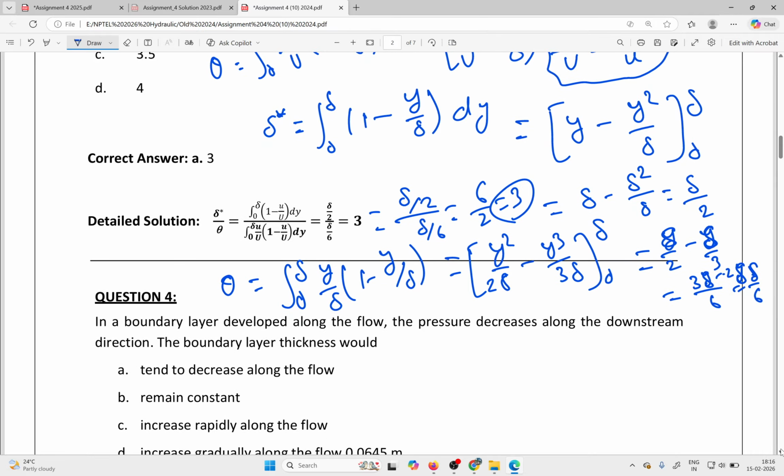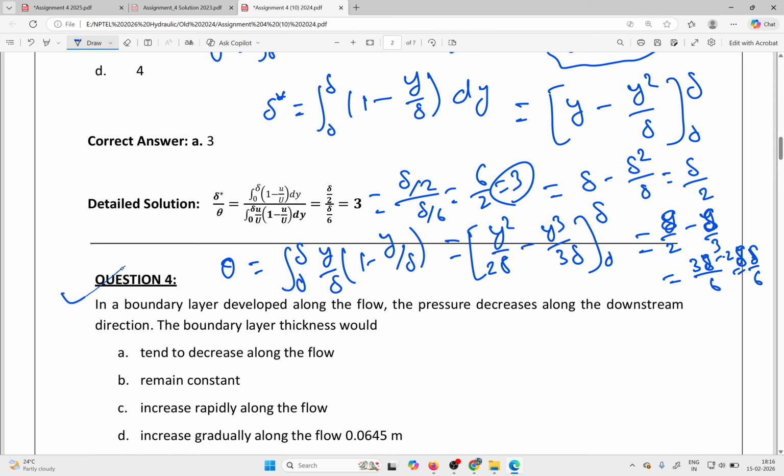Now question 4 is, in a boundary layer developed along the flow, the pressure decreases along the downstream direction. Remember please, here pressure is decreasing. The boundary layer thickness would tend to decrease along the flow, remain constant, increase rapidly along the flow, or increase gradually along the flow.